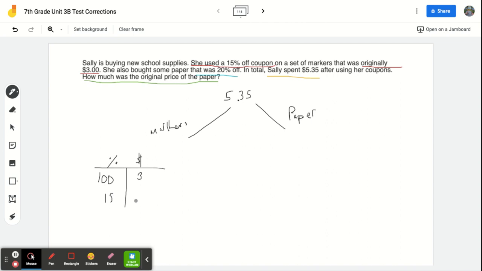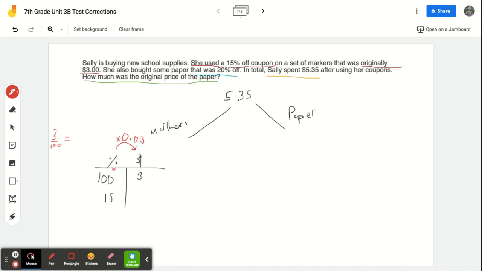Now, to find out what 15% equals, we need to find the constant of proportionality. What number are we multiplying by to go from 100 to 3? To figure that out, I just divide 3 by 100. And that number is 0.03.